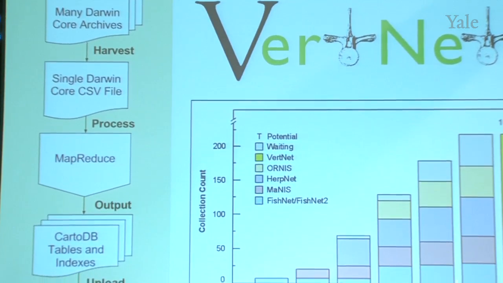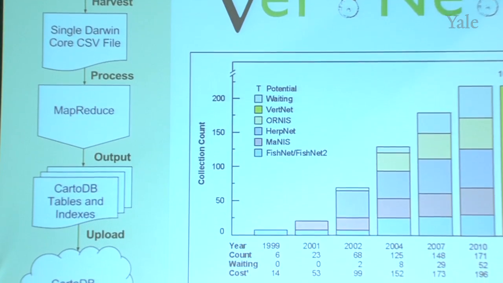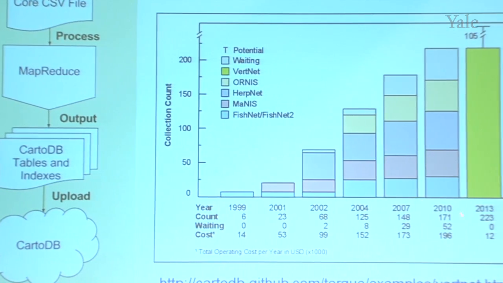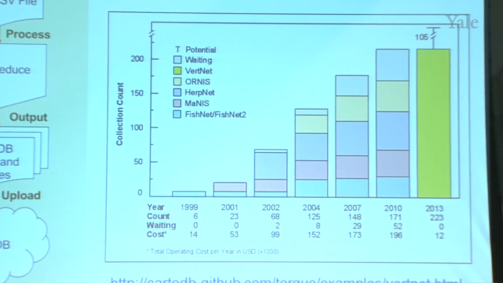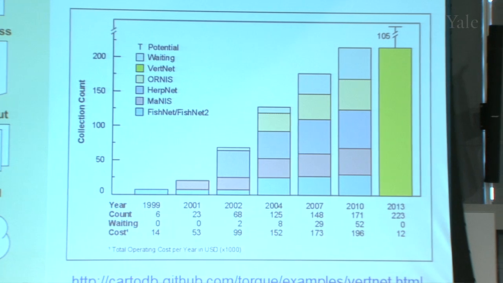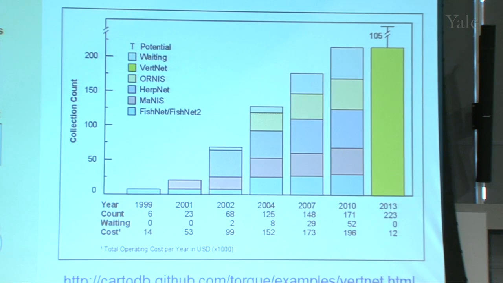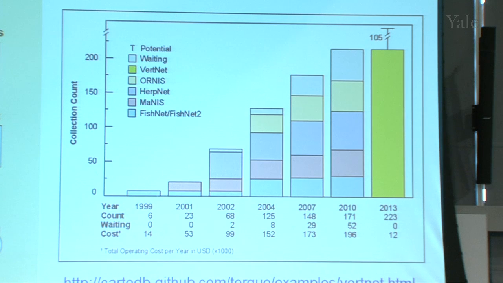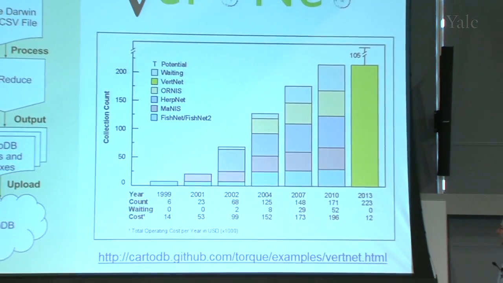By 2010, the number of vertebrate biodiversity records that were being served over networks was at 171 institutions serving about 80 million records, with 52 institutions on a waiting list wanting to become part of these networks, but we didn't have the resources or the person power to pull those institutions onto the network, at a spiraling cost of about $200,000 a year just to upkeep the networks.